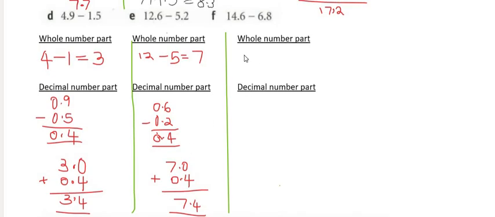And now for this question, the whole number part is 14 minus 6. 14 minus 6 is 8. And we move to the decimal number part. The decimal part is 0.6 minus 0.8.